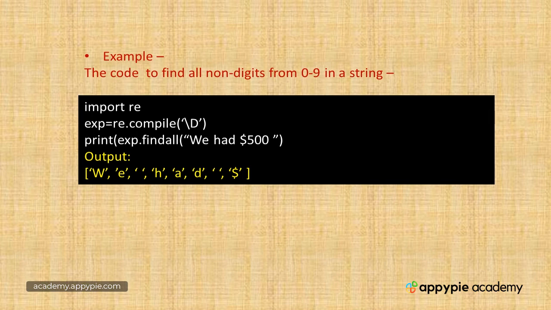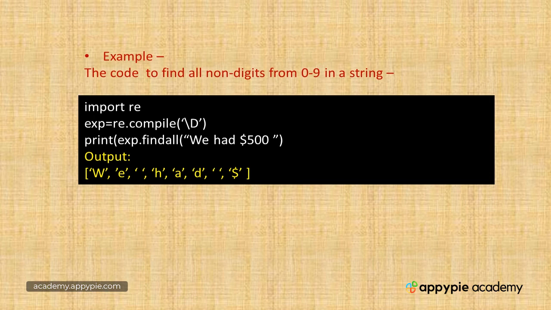So I have got a string, we had $500. It is not going to find 500 because they are digits. And again, let me repeat, \D means we want to find all the non-digits. As in the previous example, exp was the variable generated through the compile method of the RE module.